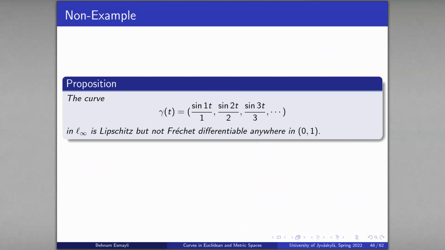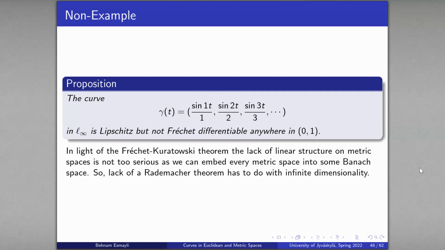Remember that we had the Fréchet-Kuratowski theorem, which said that if you have any metric space, then you can embed it into some Banach space. In this case, L infinity. So if the metric space is separable, you can have this Banach space be L infinity. And in fact, if your space is not separable, you can embed it still in a Banach space, but with larger size.